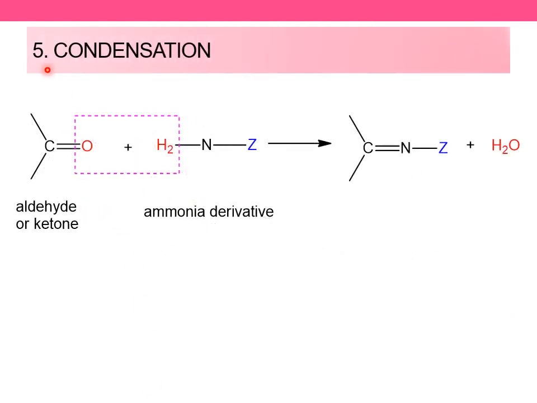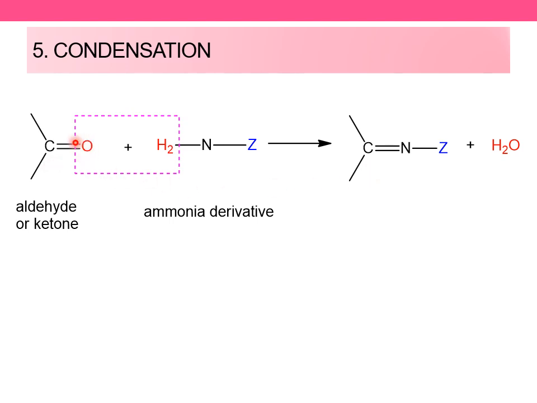The fifth reaction on carbonyl that we're going to learn is a condensation reaction. This is an aldehyde or ketone. What happens is, when we react it with ammonia or any ammonia derivative, H2O is going to be removed from both compounds. They are going to merge after that.